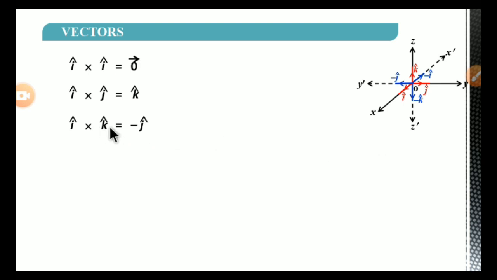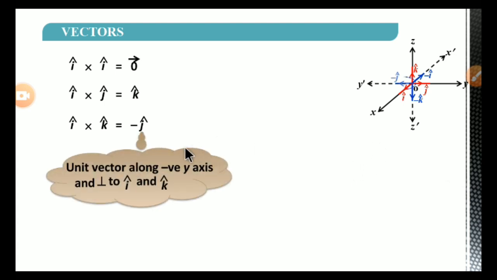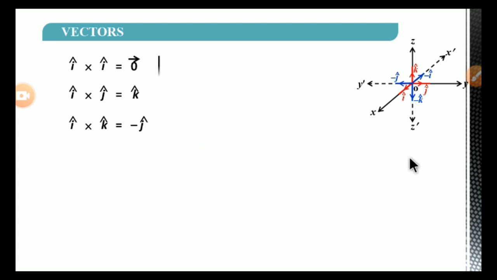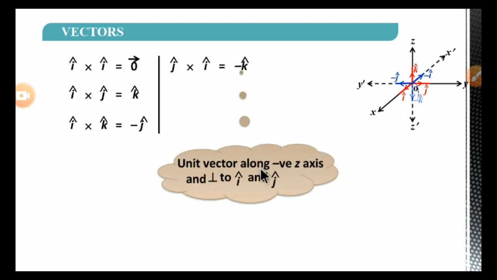And next, I cross k is equal to minus j, because it is the unit vector along the negative y-axis, because minus j means it is the negative y-axis, and perpendicular to I and k. Next, j cross I is equal to minus k, because it is the unit vector along the negative z-axis and perpendicular to I and j.